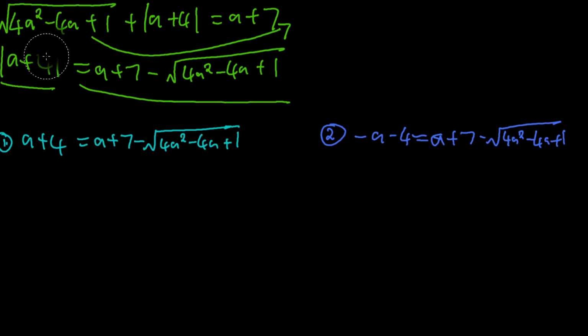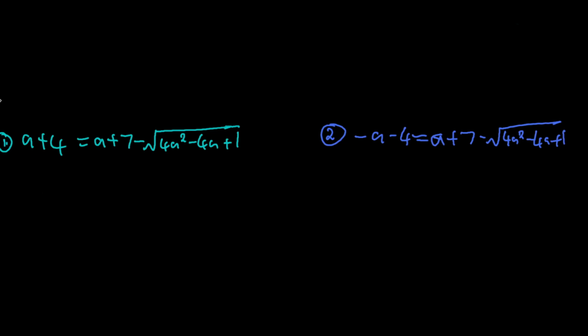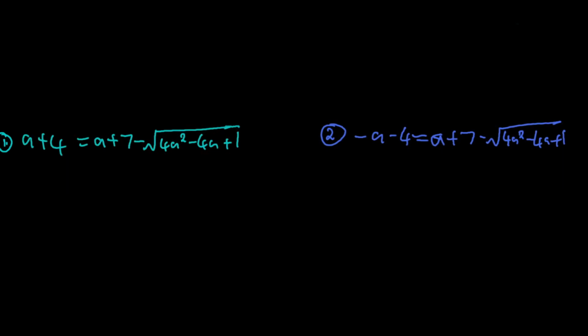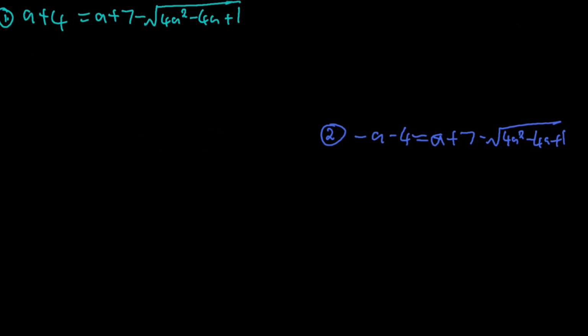So let me just erase everything and move this, sorry for that. So what I first did was I moved this over to this side since it's a negative and I want it to be positive, and then I moved this over to this side.